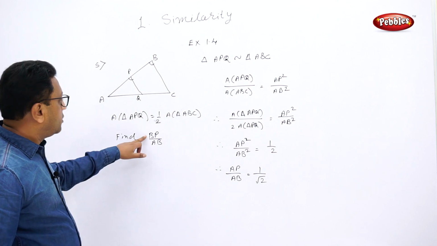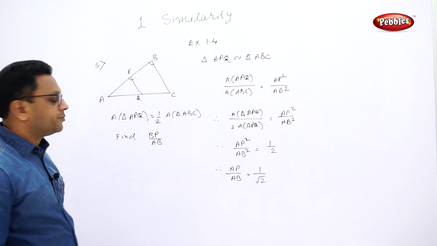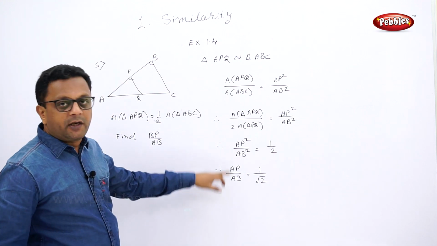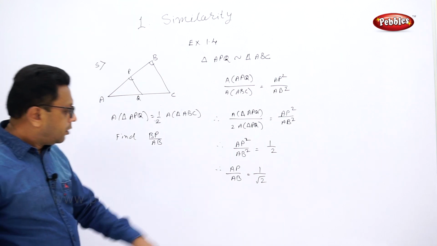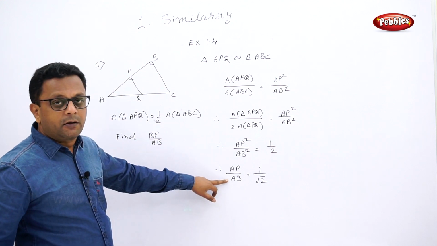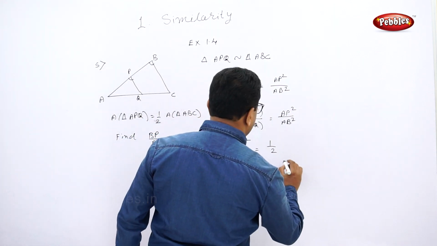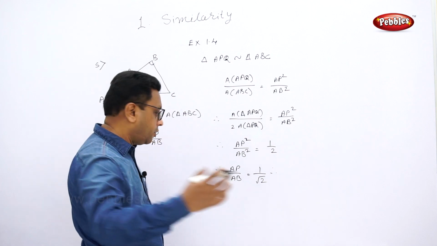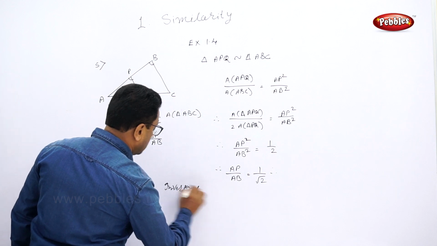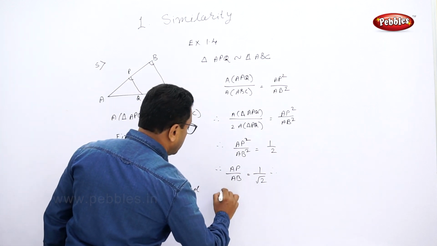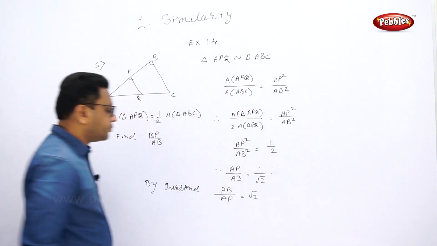What we want is BP. What is BP? BP is nothing but AB minus AP. AB is also here, AP is also here. So we can easily make AB minus AP by doing the dividendo. But AB is down here. So I'll have to first do invertendo. By invertendo, I will have AB upon AP is equal to root 2.